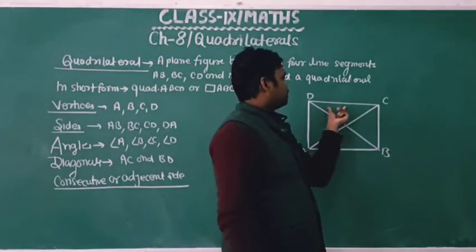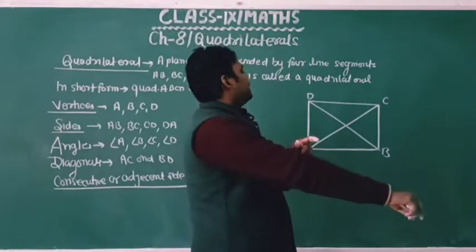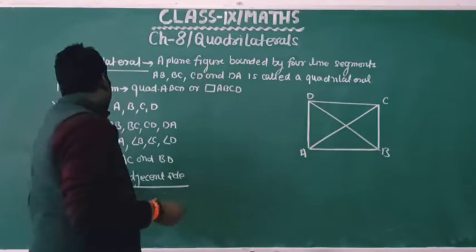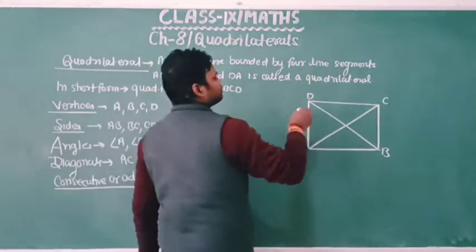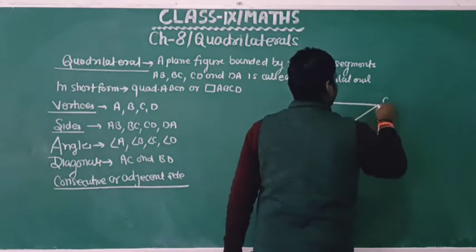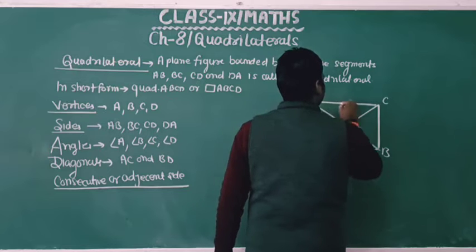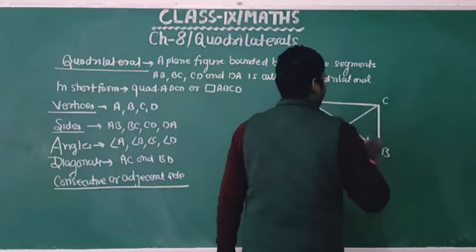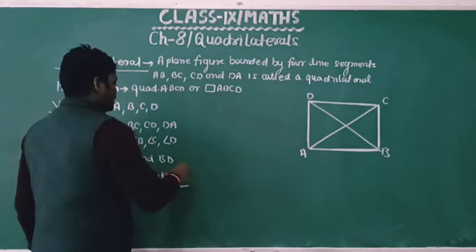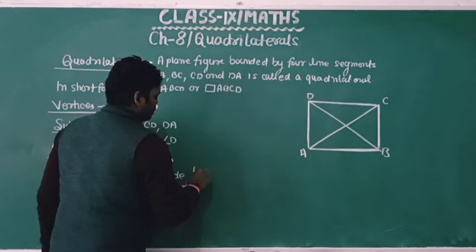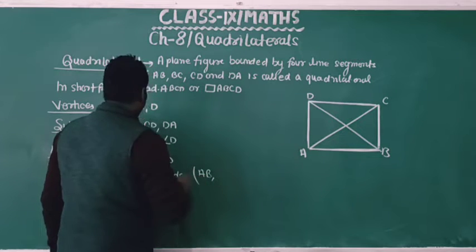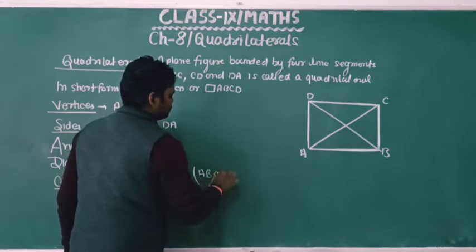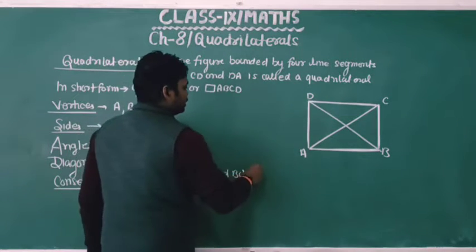Two sides with a common vertex are called consecutive or adjacent sides. Here, in sides AB and BC we have the common vertex B. So we have a pair of consecutive sides, AB and BC.